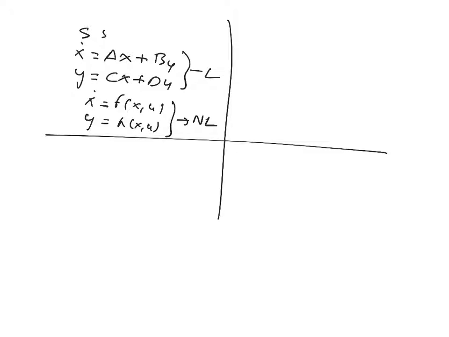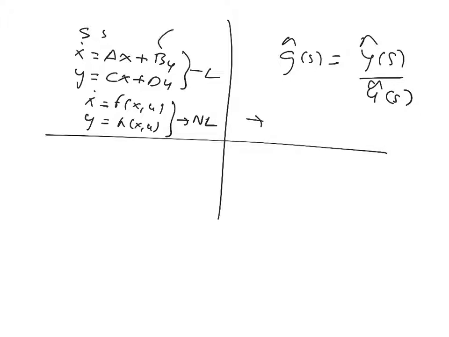From state space, you can have a transfer function G hat s equals Y hat s over U hat s. If this is known, you can get a transfer function C (sI minus A) inverse B plus D. So you can get a transfer function for state space.